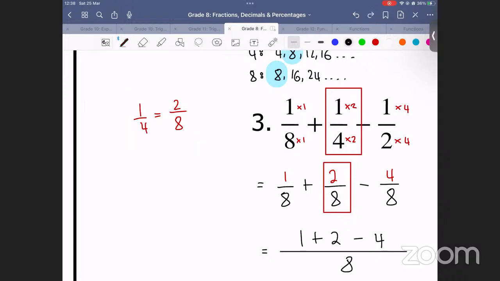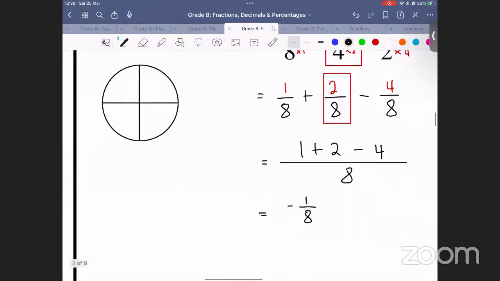You can even prove it if you have pizza. If you have a quarter, and if you have, let's just copy this.